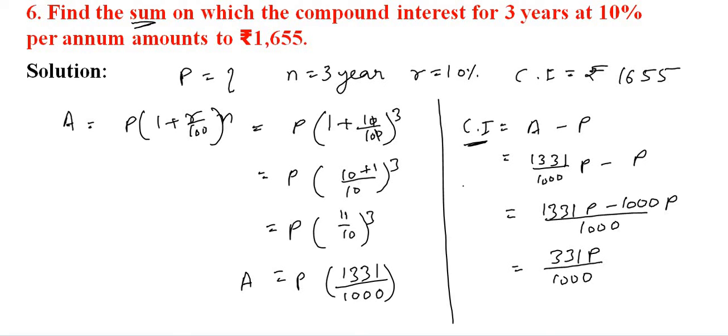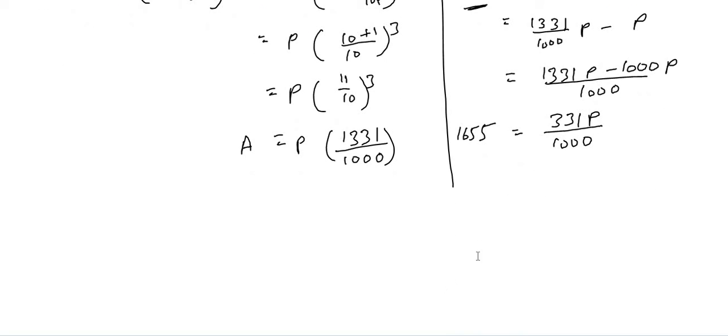How much is CI? 1655. Then again what we will do here, cross multiply, bring this number here, so it will be 1655 into 1000 upon 331.